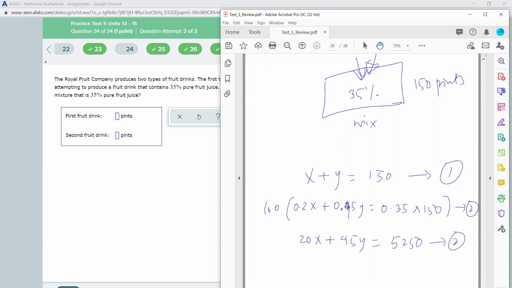Now our goal is to solve equations 1 and 2. From equation 1, I can write y equals 150 minus x, and substitute this value of y back here. So 20x plus 45 times (150 minus x) equals 5250.